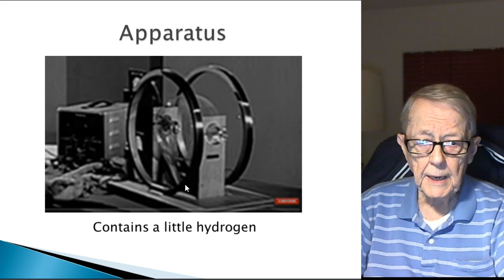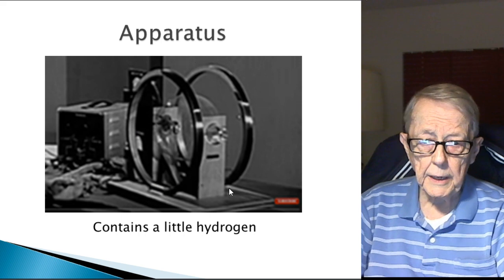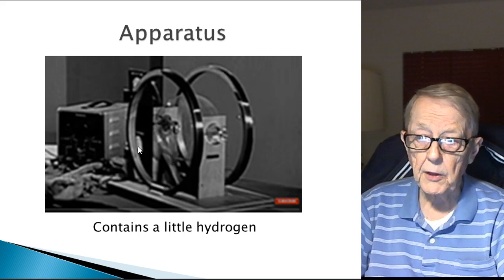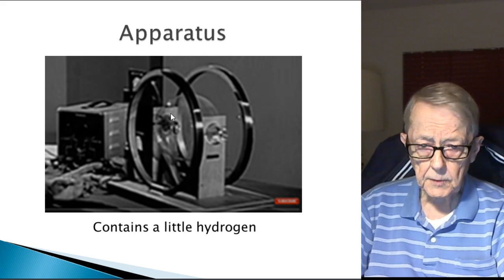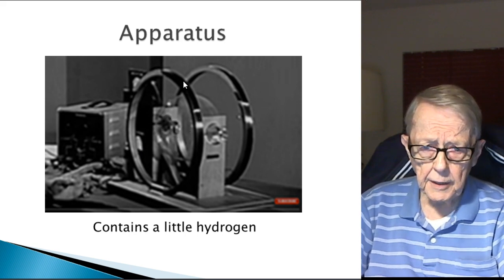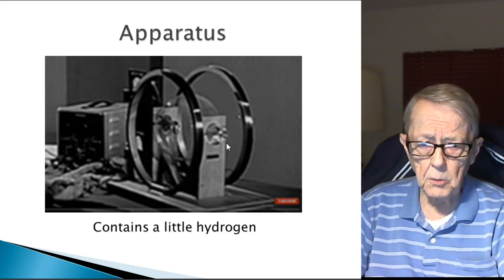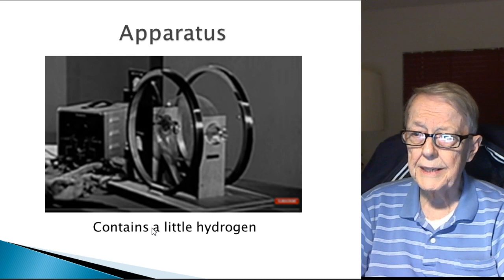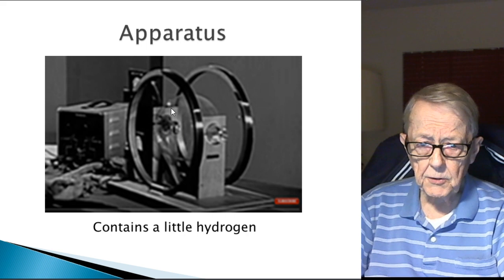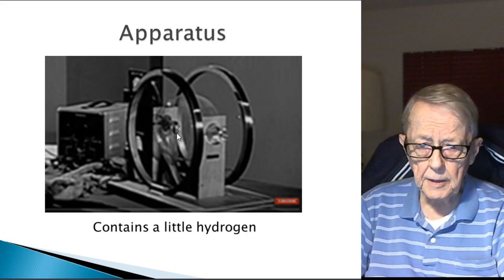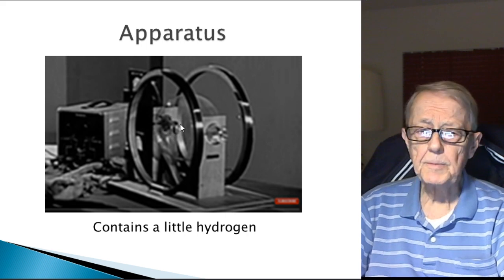These are two big coils to generate a magnetic field using the current supplied to it, and inside is a globe. That globe contains a little bit of hydrogen. And there's an electron gun and deflecting plates back here.